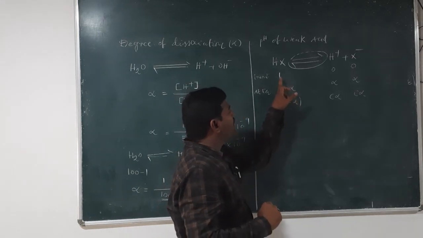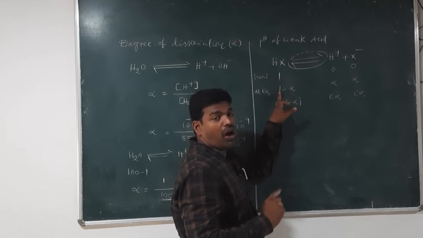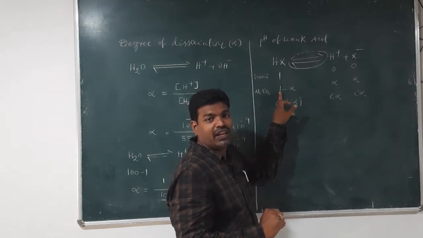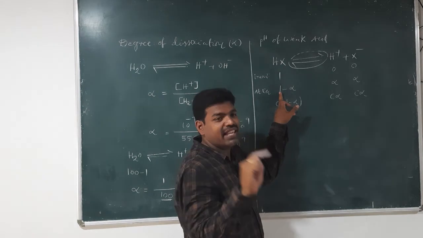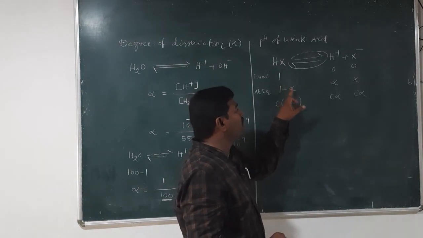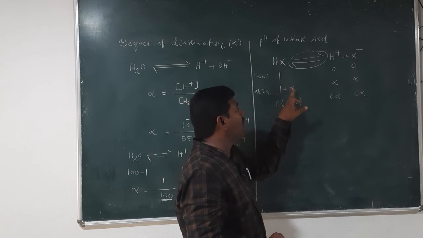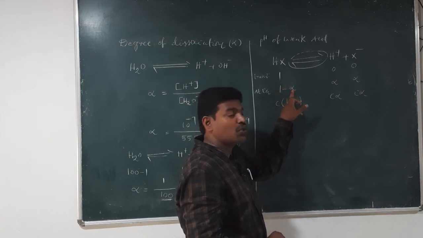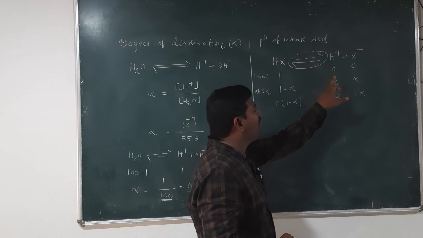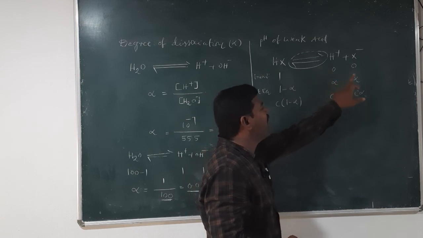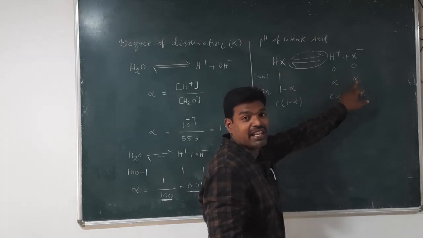Here we take 1 mole of weak acid. Out of 1 mole of acid, alpha amount undergoes dissociation and forms alpha amount of H plus ions and alpha amount of X minus ions.